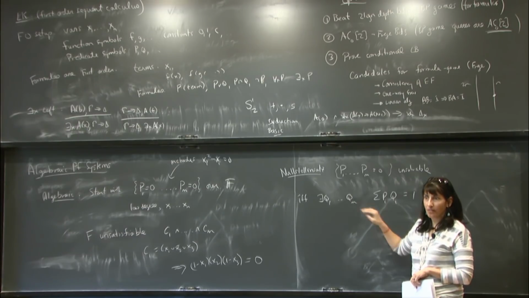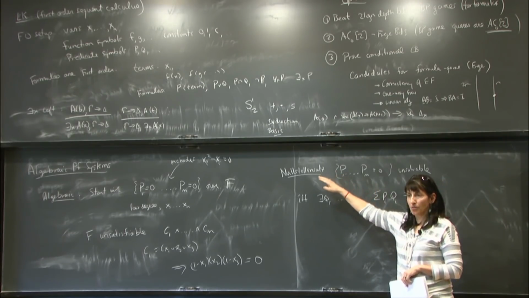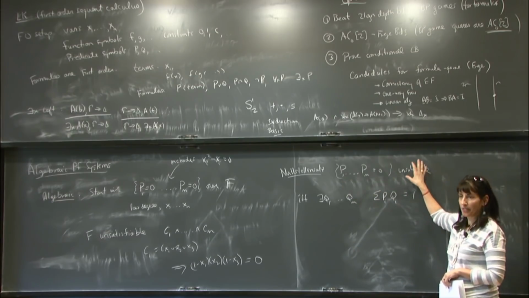People look confused. This is over C, right? For example. No. Right-hand side. The normal Nullstellensatz is over some algebraically closed field.